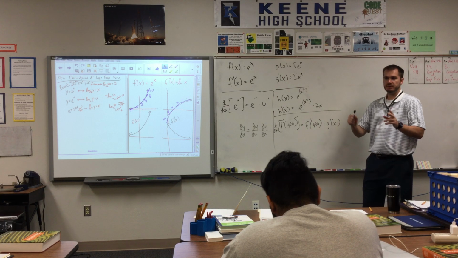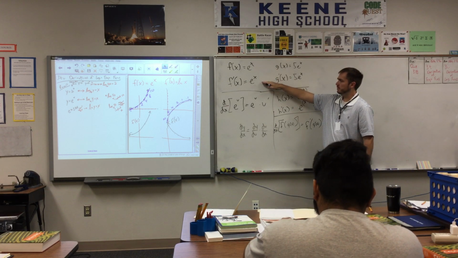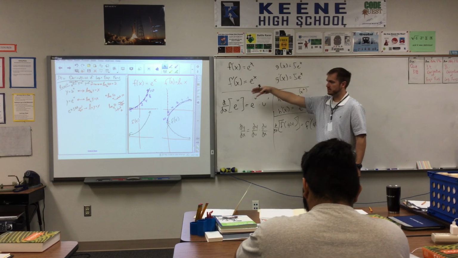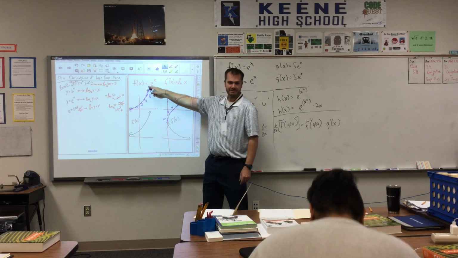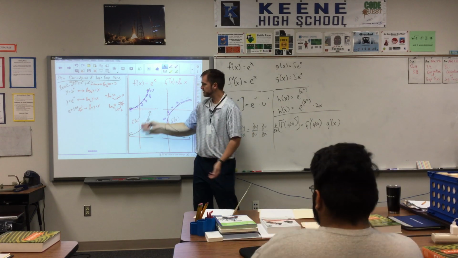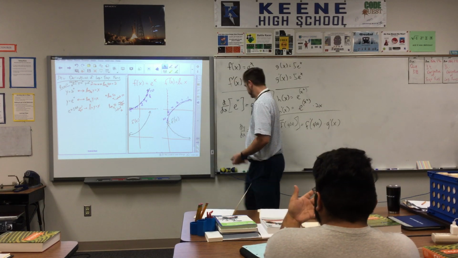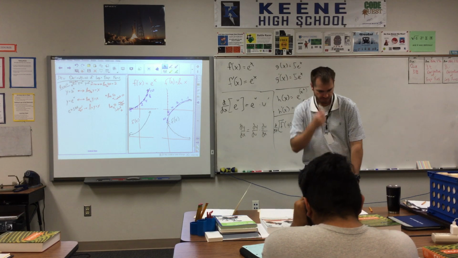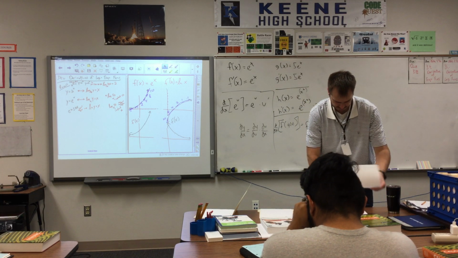I don't know if I really pointed it out, but when we did the analysis of the derivative of e to the x, we noticed that this is the graph of e to the x, and the derivative shape was roughly that same shape. Okay, great. Let's do some more stuff.